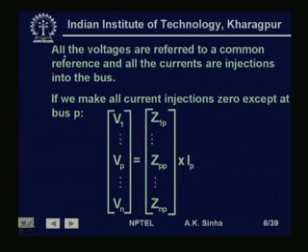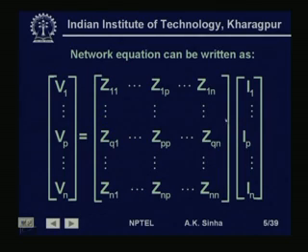Now, what we can do is this: if we make all current injections 0 except at bus P, that is, if you see this relationship here, we make I1 up to I(P-1) and I(P+1) to In as 0, so that except IP all the current injections into the network are 0, then we will get V1 equal to Z1P into IP, because all the other terms get multiplied by 0.